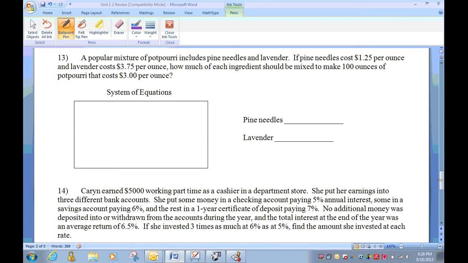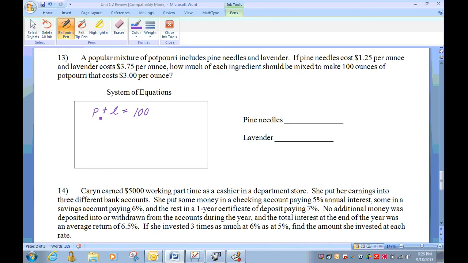Alrighty, moving on to number 13. It says a popular mixture of potpourri includes pine needles and lavender. If pine needles cost $1.25 per ounce and lavender costs $3.75 per ounce, how much of each ingredient should be mixed to make 100 ounces of potpourri that costs $3 per ounce? Okay, so we want to make 100 ounces of the two ingredients combined.